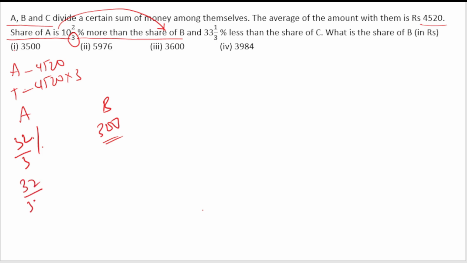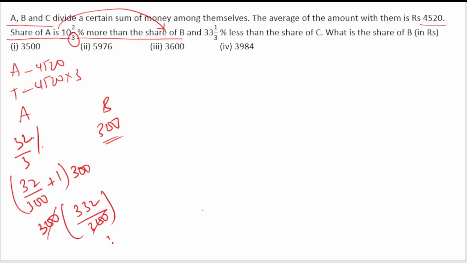It is 32/300 plus 1 into 300. Here we have 300 into 332 divided by 300. So A's share is 332. A's and B's share is 332 is to 300. If you simplify, we'll get 166 is to 150.